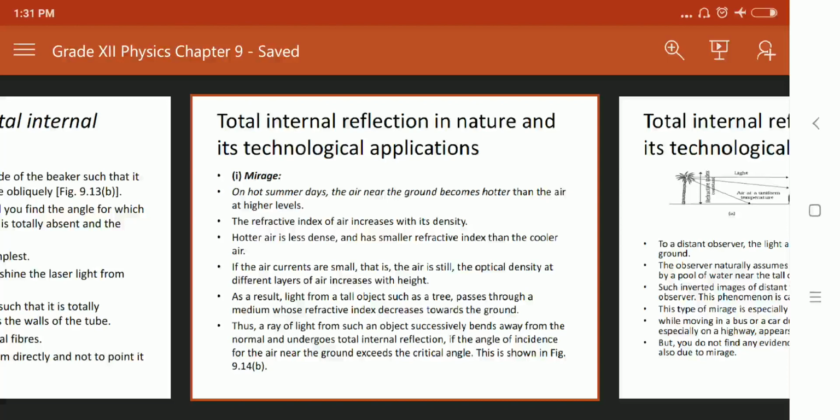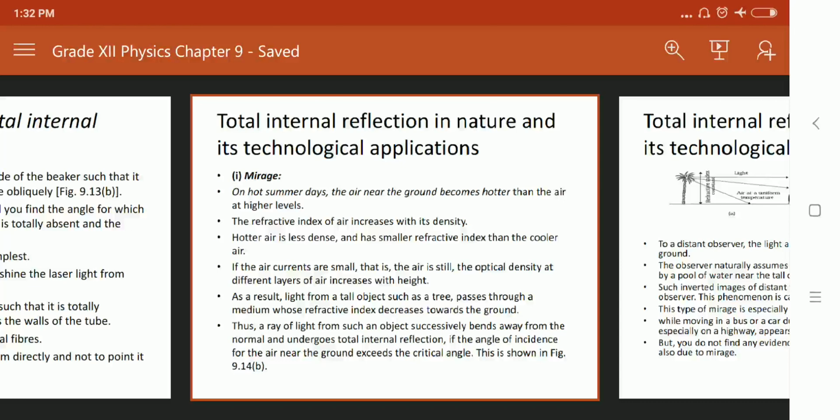So whatever examples are present around us, we are focusing on their refractive index. We are comparing their refractive index, and by the value of the refractive index we can say where the light passing through will be reflected or refracted. Here, as we know, less dense air has a smaller refractive index, and higher density air has a larger refractive index.